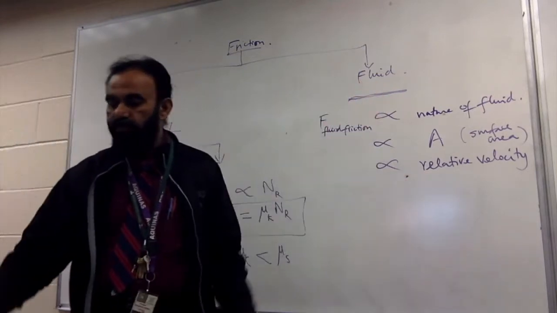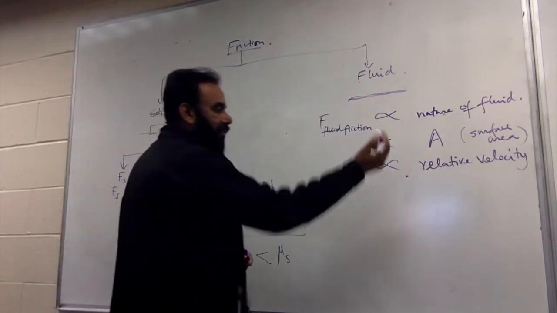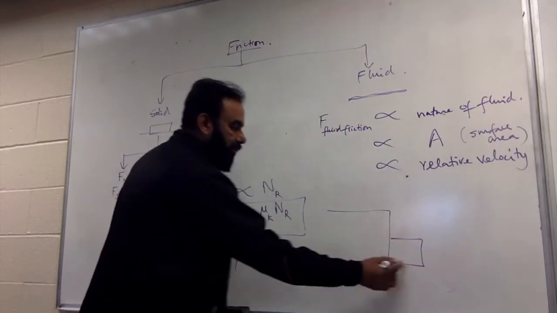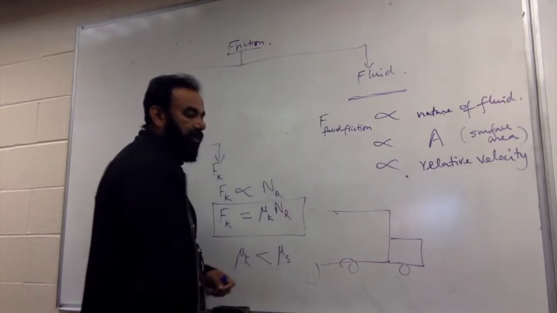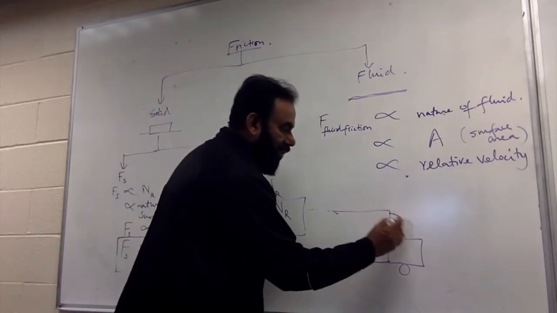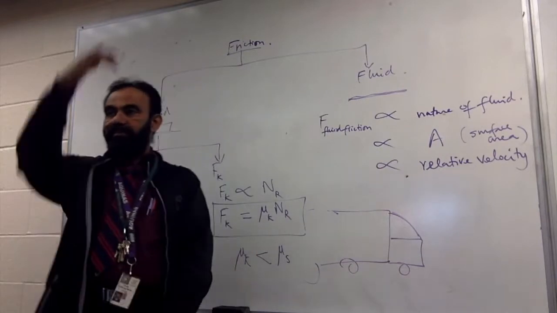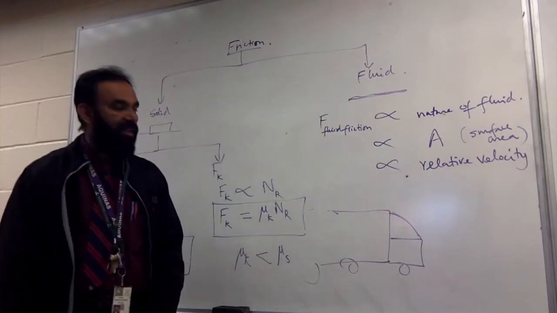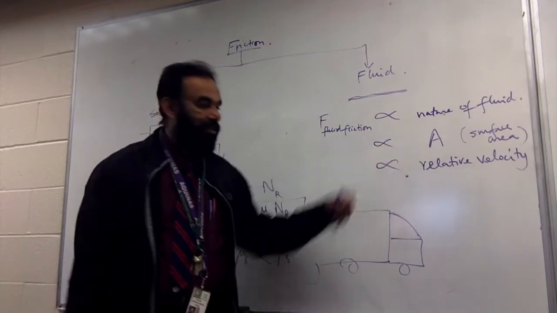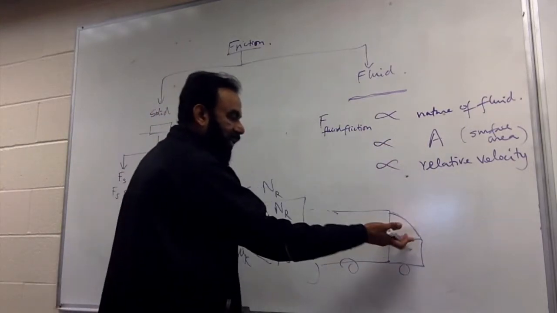So, fluid friction. Like a truck and the driver's compartment. They have something here like a dome. Why they have that dome there is to reduce the surface area, because what if air is coming and blocking it and climbing over?